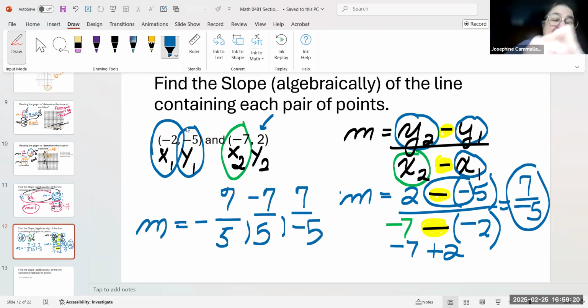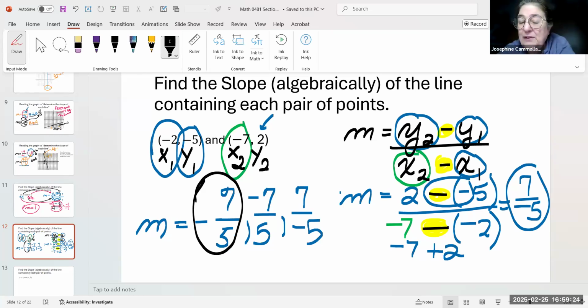I will be honest, Alex, when you do this homework, it wants the negative with the fraction bar. And when you look at your answer choices, the reason they put it with the fraction bar is you don't know where the negative comes from. Is it in the numerator or is it in the denominator? You don't know. But one of those numbers has to be negative. One has to be positive.